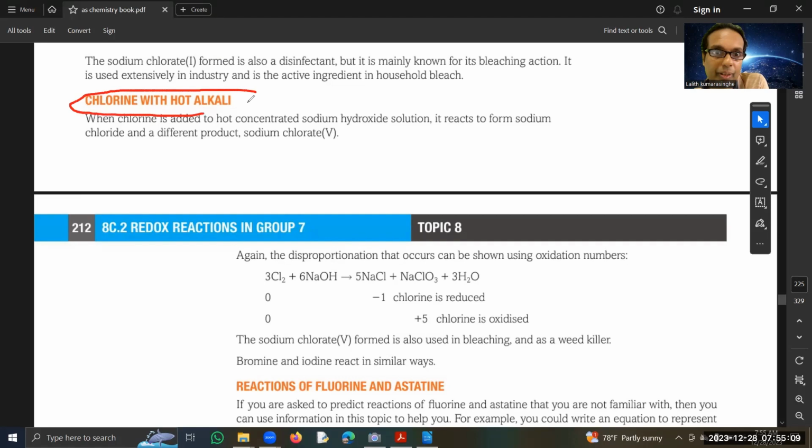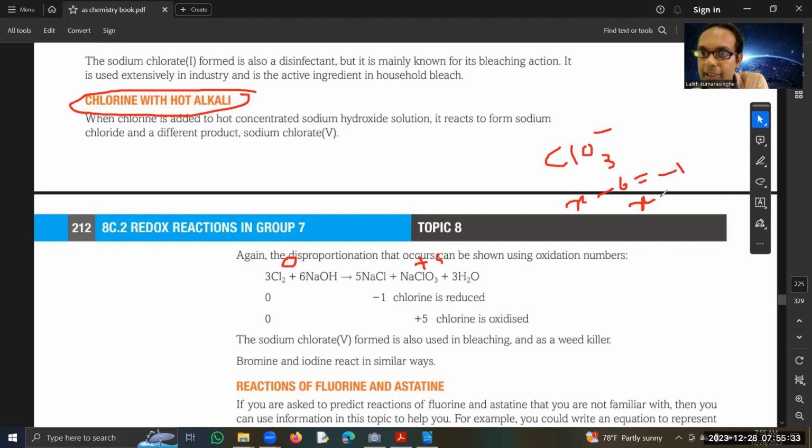Chlorine with hot alkali. It will oxidize more. It will oxidize more with hot alkali. So it will go from 0 to +5 in the chlorate. You know how to get this. Chlorate ion is -1, so this is X minus 6 equals -1.